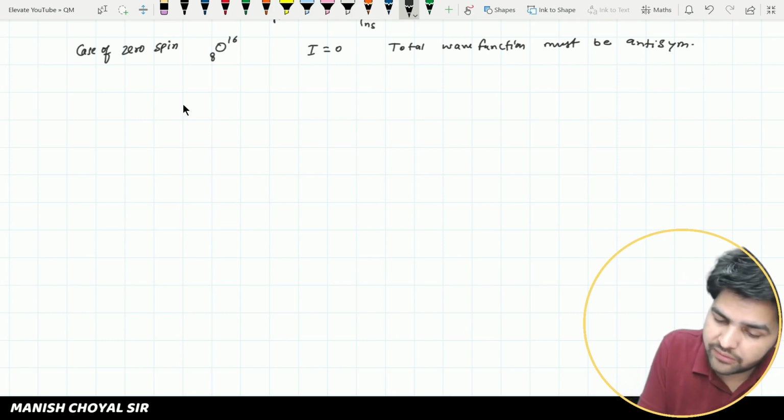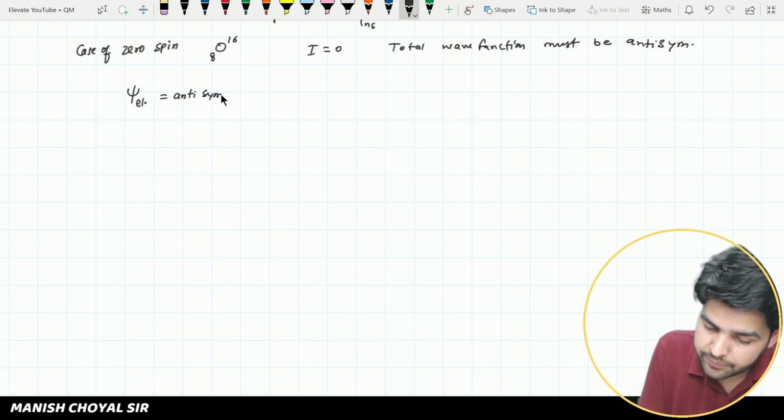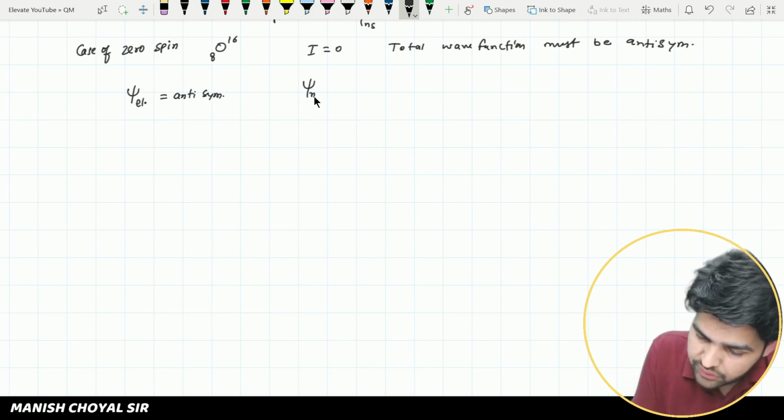Okay, so in that case psi electronic is antisymmetric, the electronic ground state being antisymmetric in the generalized case, so that psi nucleus is symmetric.